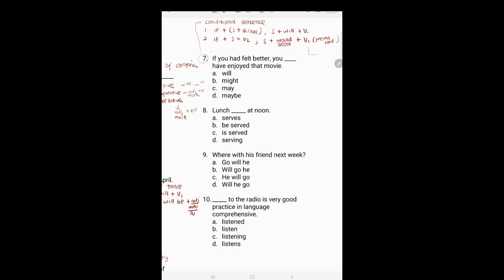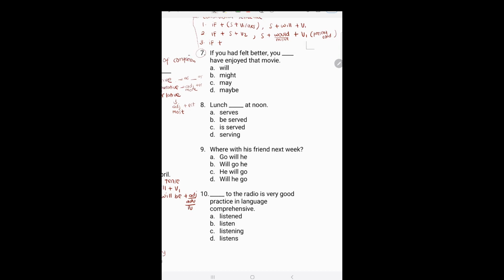And the last one is conditional sentence type 3. It is formed with if plus past perfect, if subject plus had plus verb 3.